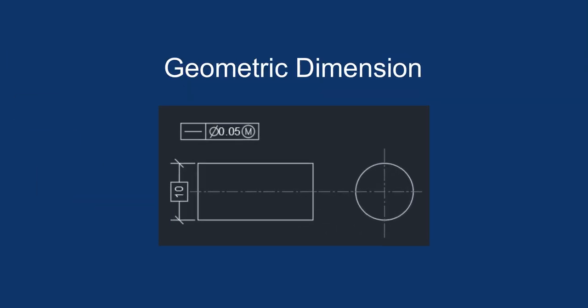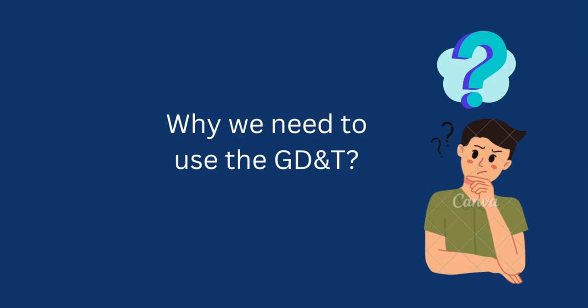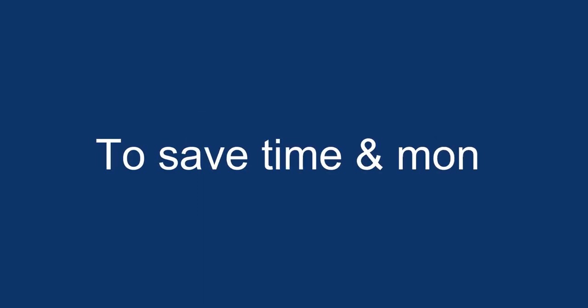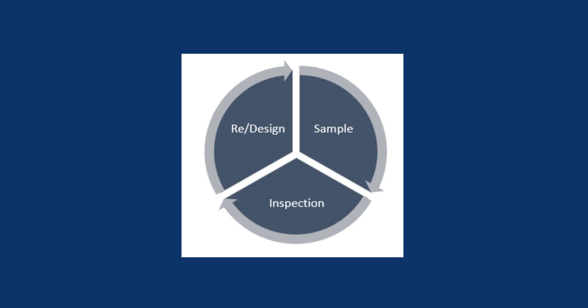When it comes to GD&T, the most common question is why we need to use GD&T. We already have general dimensions. To answer shortly, it is to save time and money. Let's take a look at the design process. When we need to manufacture a mechanical part, we design first. Then we make a sample, then go to inspection.